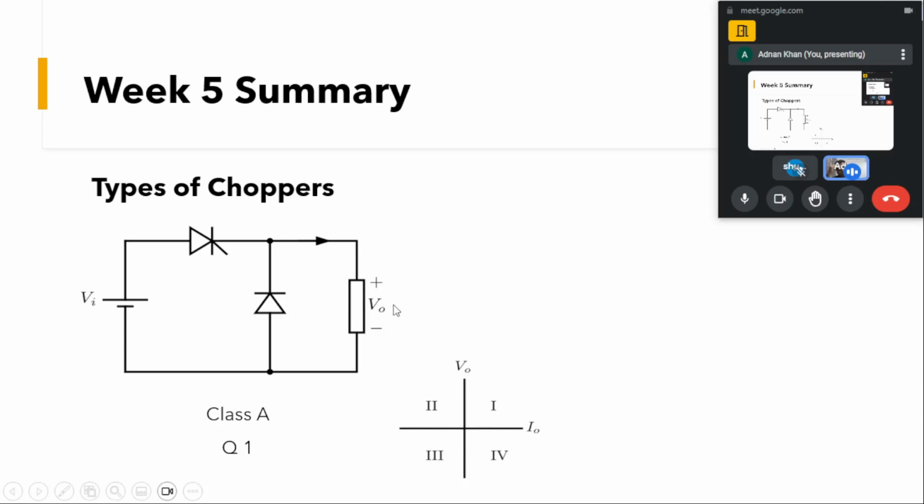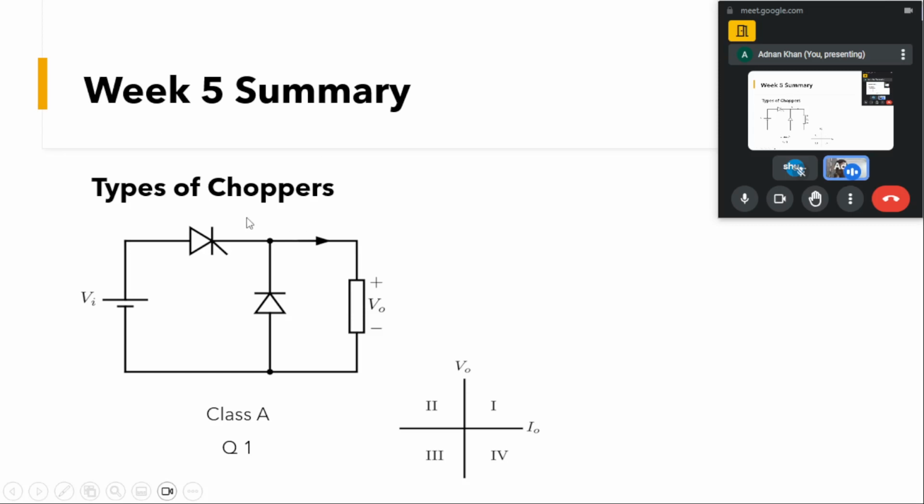And if we have a positive current but negative voltage, then the converter is operating in the fourth quadrant. So depending upon the polarity of the voltage and the direction of the current, our converter is operating in a certain quadrant.